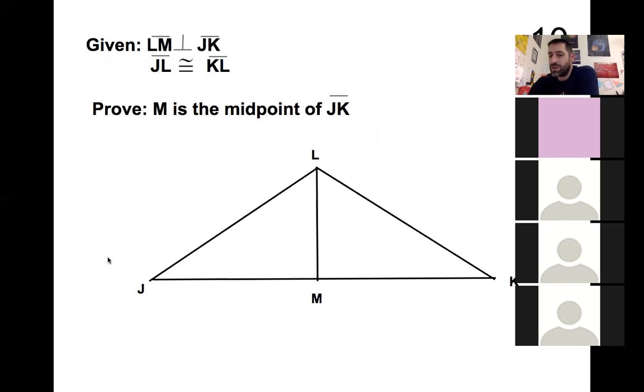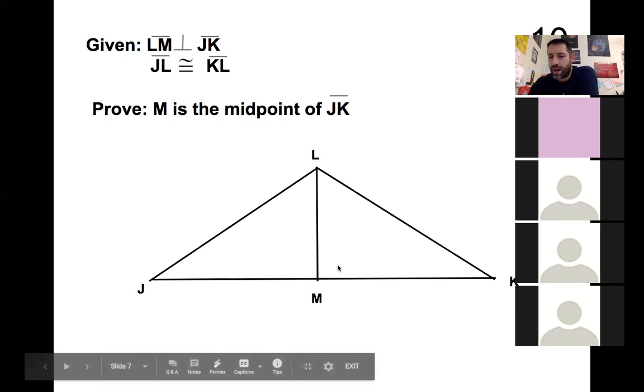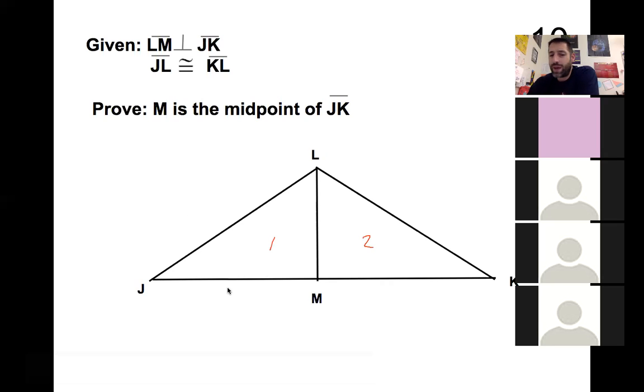So we're still trying to prove that M is the midpoint. So we still want to get to a point where we know that JM and KM are congruent. But in order to do that, we probably still need to look at proving triangle 1 is congruent to triangle 2, because we don't have enough information yet to say that these segments are congruent, or that they're the same length.